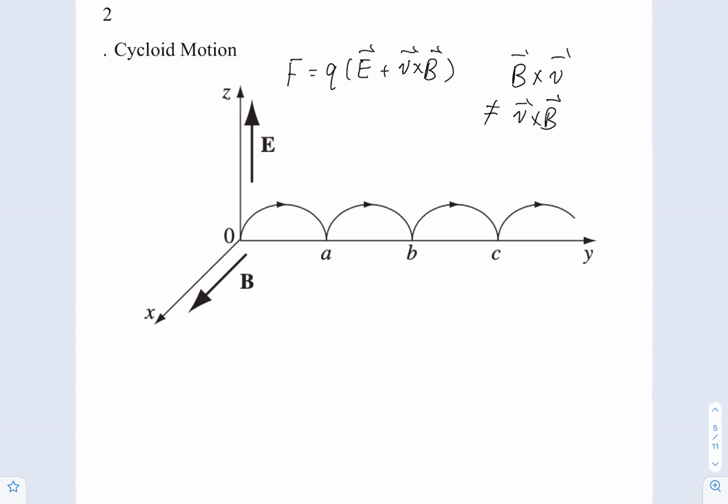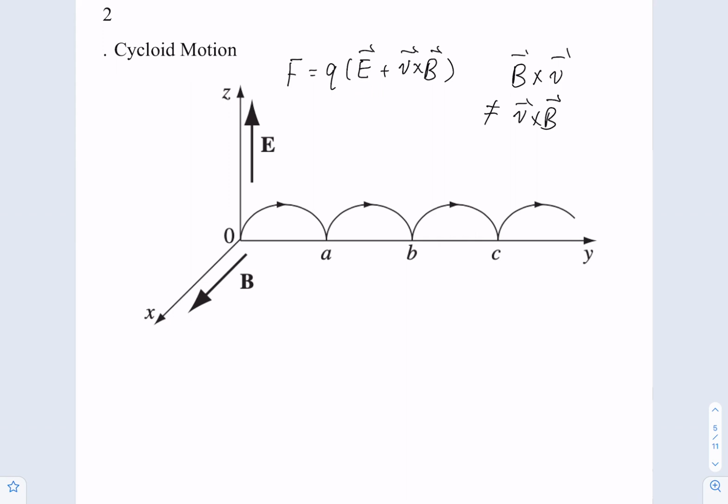So in this example, let's try to imagine what a particle will do under both an electric field and a B field that are perpendicular to each other. Say that initially the particle is at rest here, and the B field won't do anything to a particle that's staying still, because for zero V, this term is simply zero. But it will feel the force of the electric field.